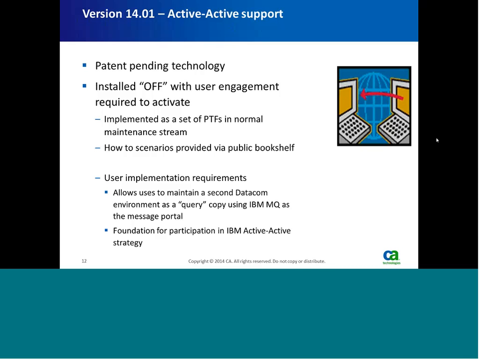We have delivered our first delivery of this, which we call Active Query, which gives us the capability of having a Datacom region in one environment basically keep a second Datacom region active and up to date within a few microseconds, even though that second region may be thousands of miles away, utilizing the IBM MQ series technology. This is the foundation for CA Datacom to be one of the data sources that works with the IBM active-active infrastructure.